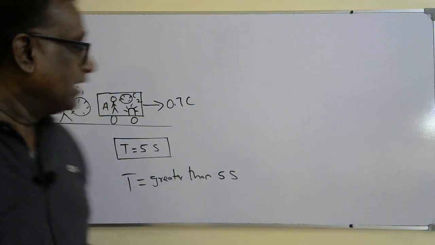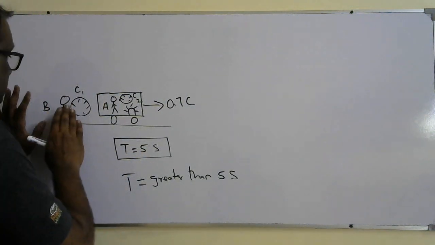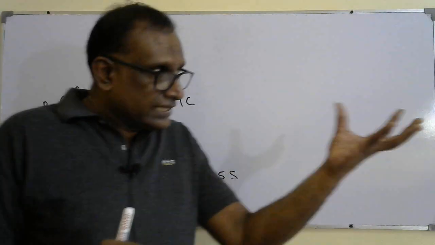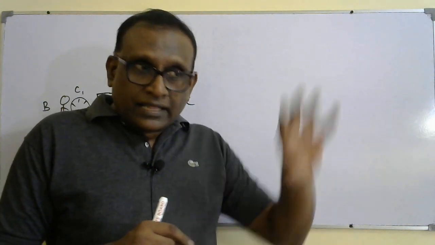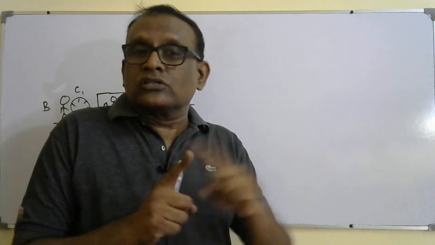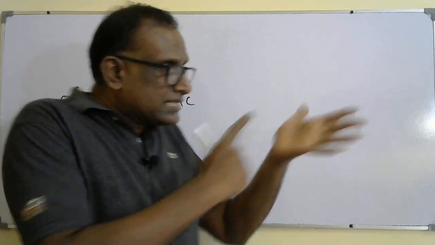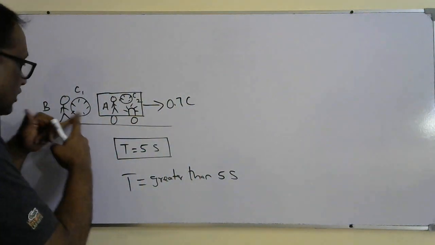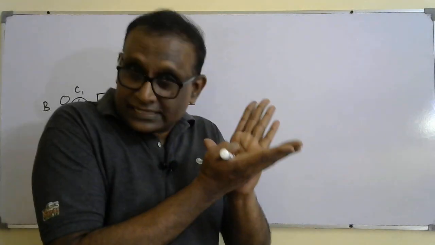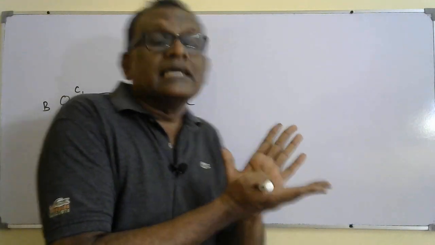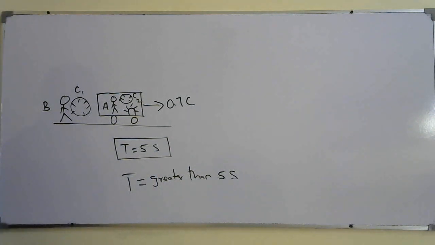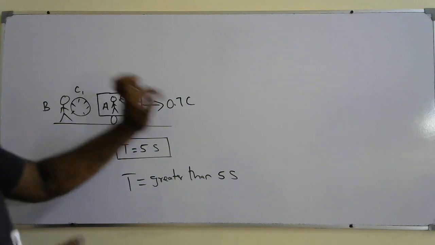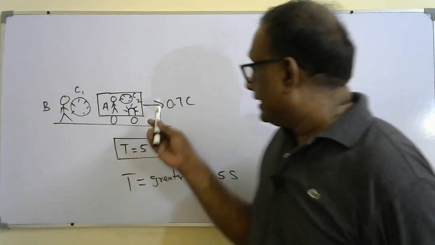He will say like that, because now the time measured by B, by using his clock, okay, now he is seeing the pulse of light, then the next pulse of light he is observing. So the time interval he is observing after seeing the first pulse of light, according to his clock C1, when he sees the second pulse of light, is more than 5 seconds.